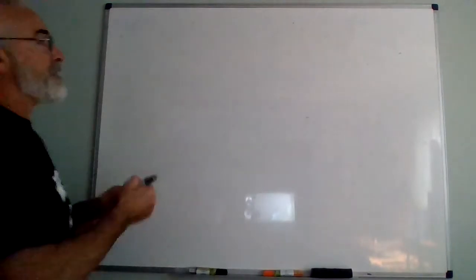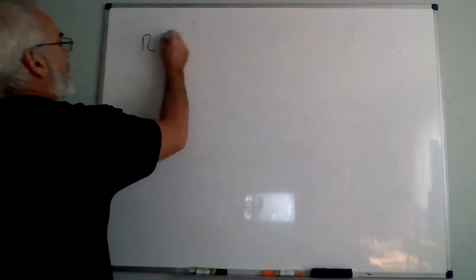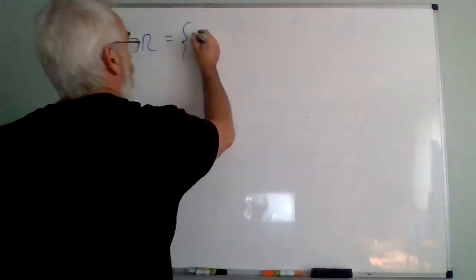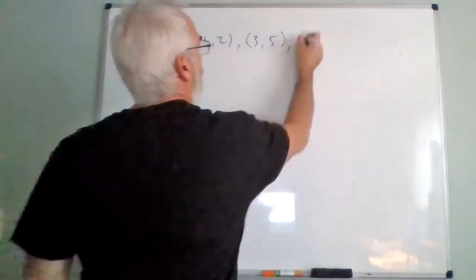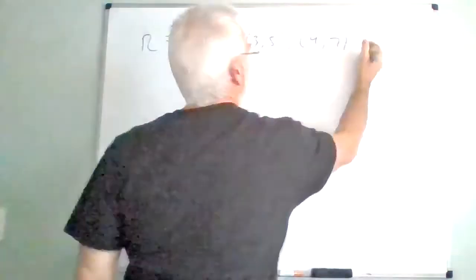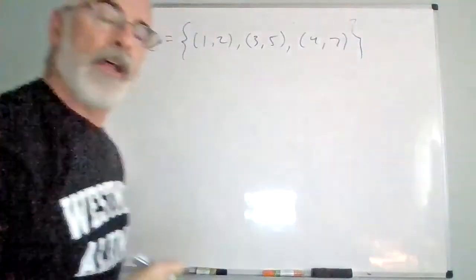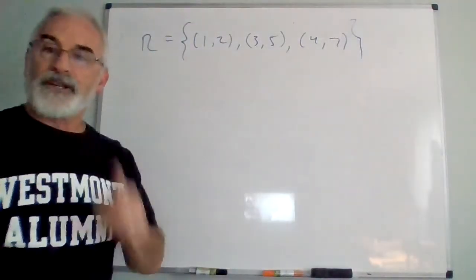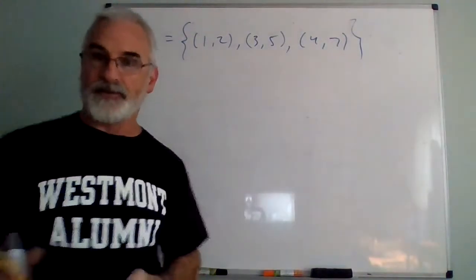So a relation in general, we said, is a set of ordered pairs. Let me define the following relation, keeping it really simple: (1,2), (3,5), (4,7). I'm going to stop there because I'm going to add to this. Now, remember, what is the definition of the domain? The domain is the set of first elements.